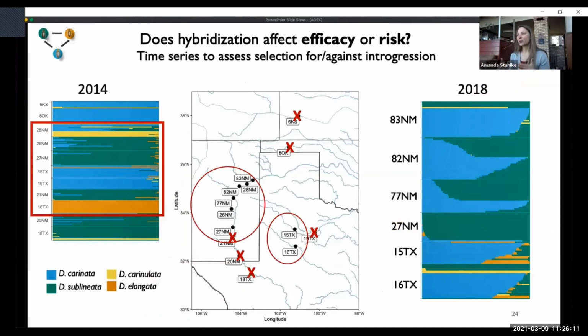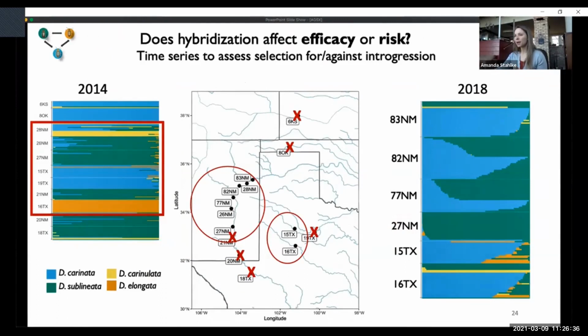There's also lots of ongoing work in this hybrid zone. We return to these sites to monitor a time series. So this was 2014. And then when we return to the sites, Kansas, Oklahoma, this East Texas site, 19 Texas, and some of the southern Pecos River sites, 21, 20, and 18 New Mexico, had all petered out.